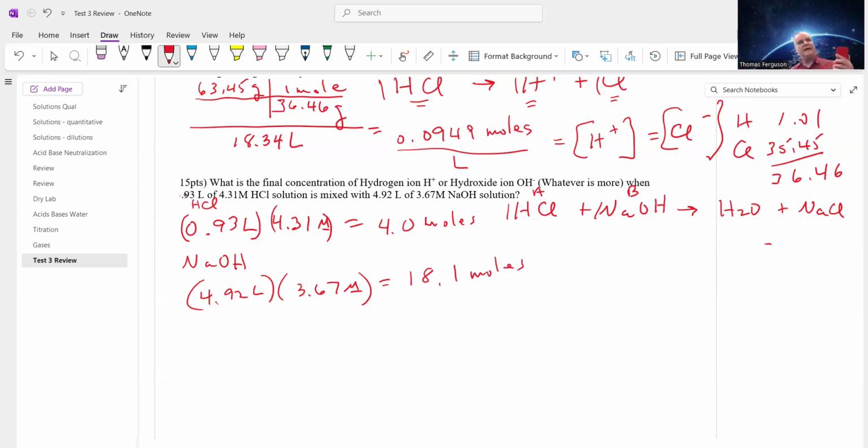Okay, so we've got a lot of excess sodium hydroxide. So how much sodium hydroxide is left over? Well, we're using 4 moles of it to neutralize the 4 moles of acid.